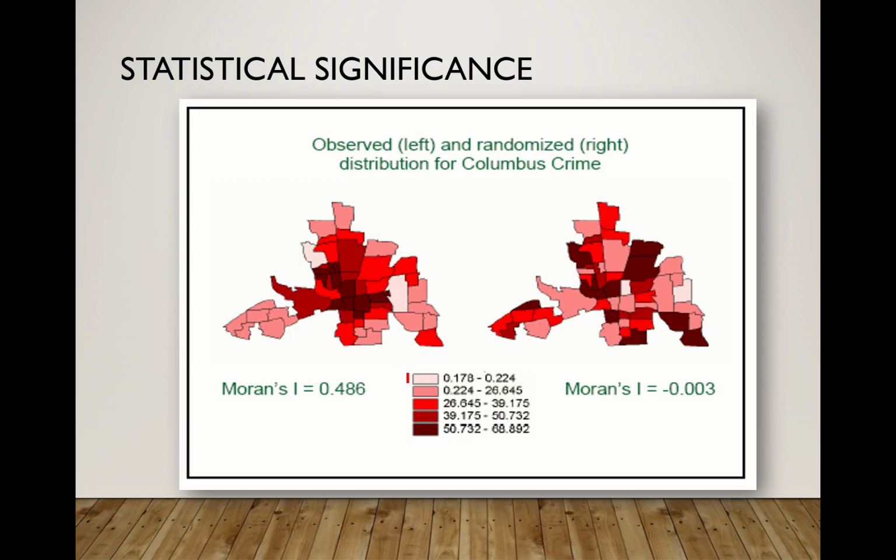So say we get a Moran's I like this, 0.486, indicating that we have pretty strong clustering going on, we have to compare that to what we would expect for a random distribution and do a test to see whether what we actually observed is significantly different from what we would expect randomly.